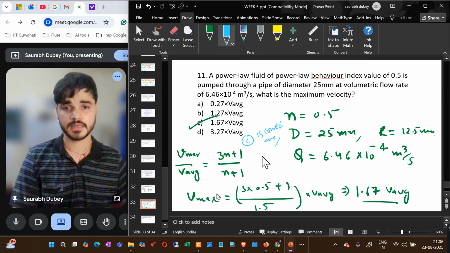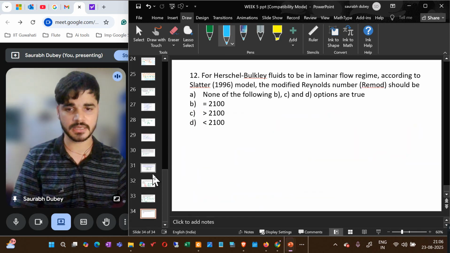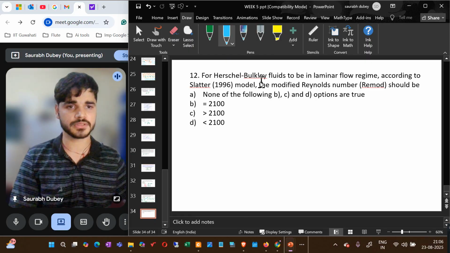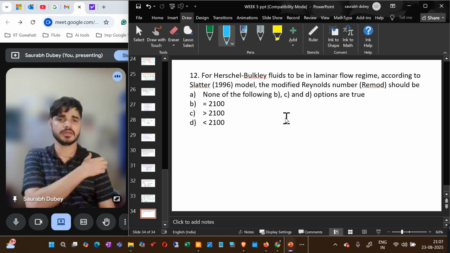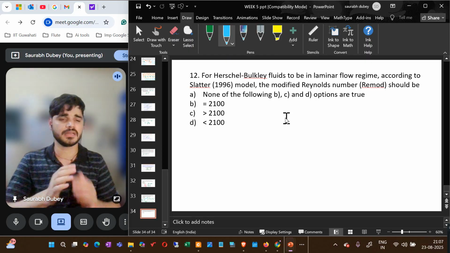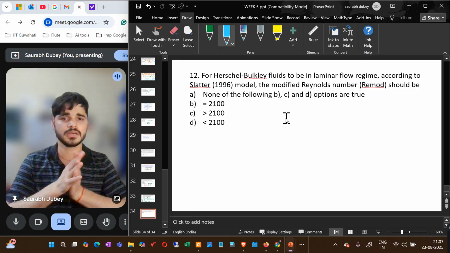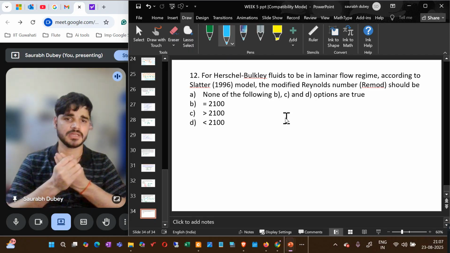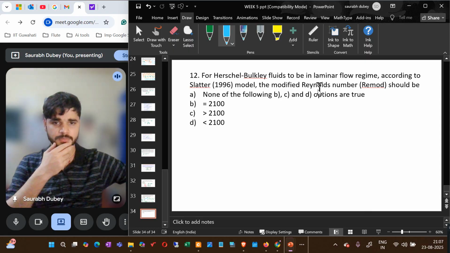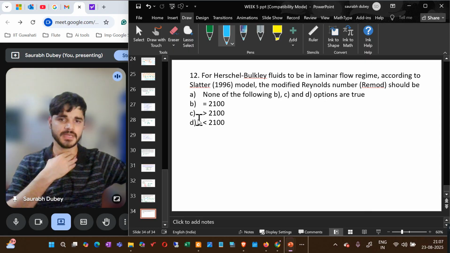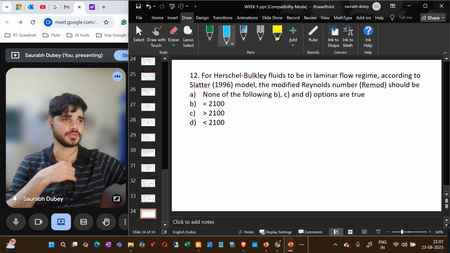Now coming to the last question of the day. For a Herschel-Bulkley fluid to be in laminar flow design, according to Slatter's 1996 model, the modified Reynolds number Re_mod should be equal to 2100, greater than 2100, less than 2100, or none of B, C, D is true. So which of the following do you think is correct?